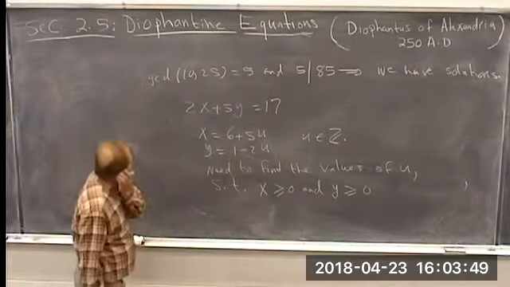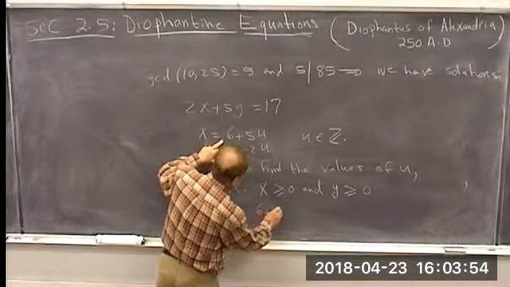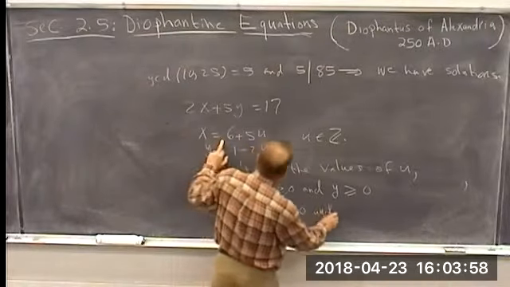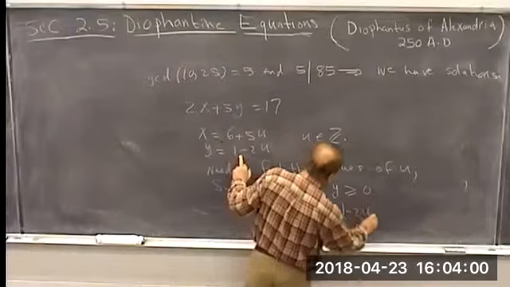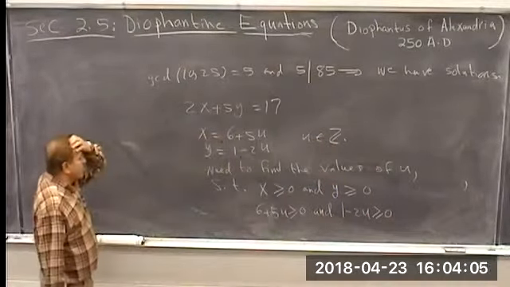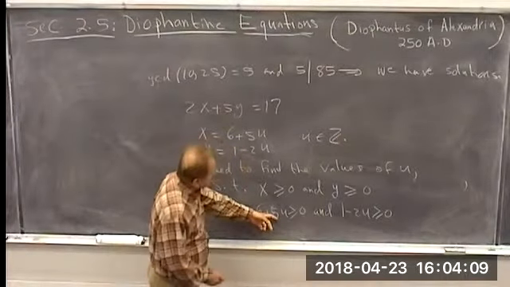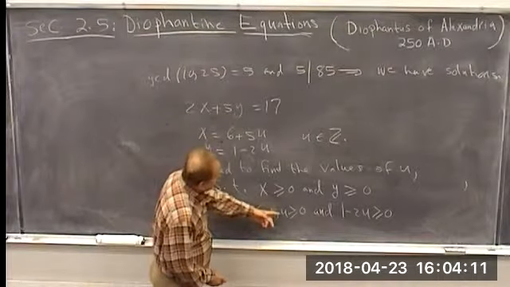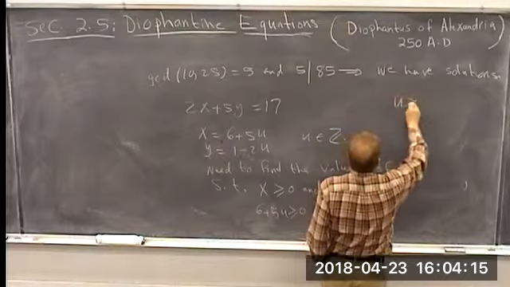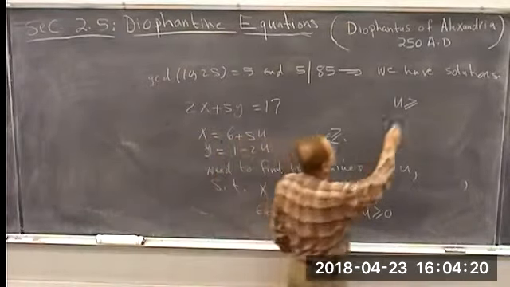Which is equivalent to saying that 6 plus 5u is bigger than or equal to 0 and 1 minus 2u is bigger than or equal to 0. Well, let's solve both of these for u. These here are now inequalities. The first inequality is going to give me that u is bigger than or equal to minus 6 over 5.